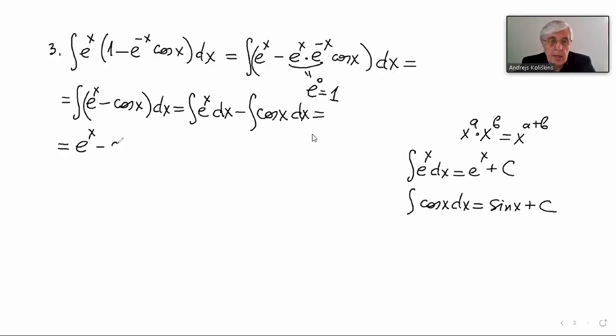So these are some very simple examples and exercises, and we can use this invariance property of integrals to perform calculations for more complicated cases.